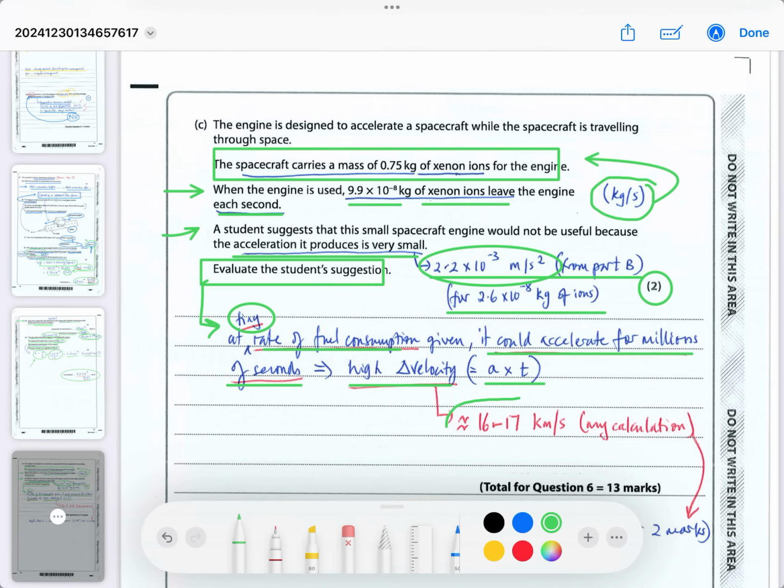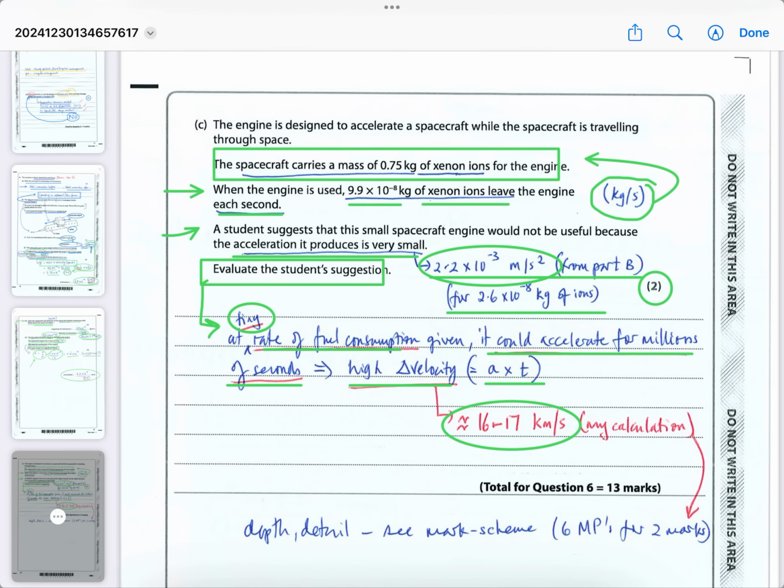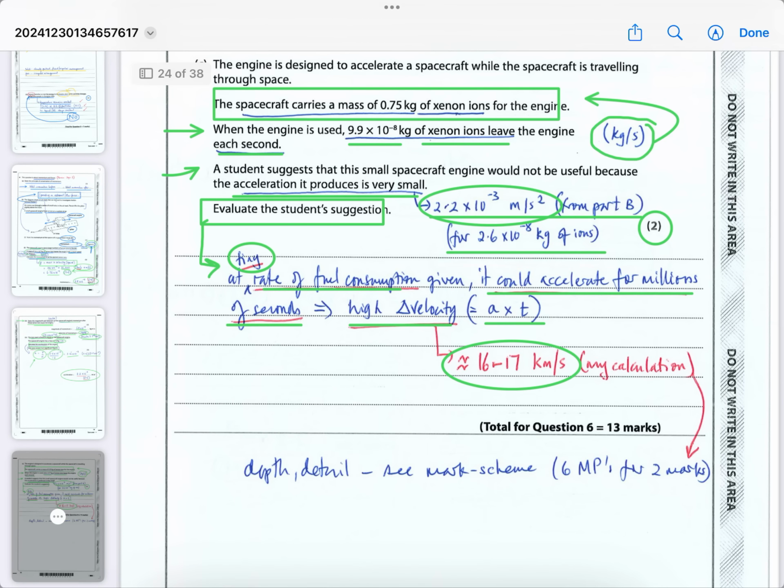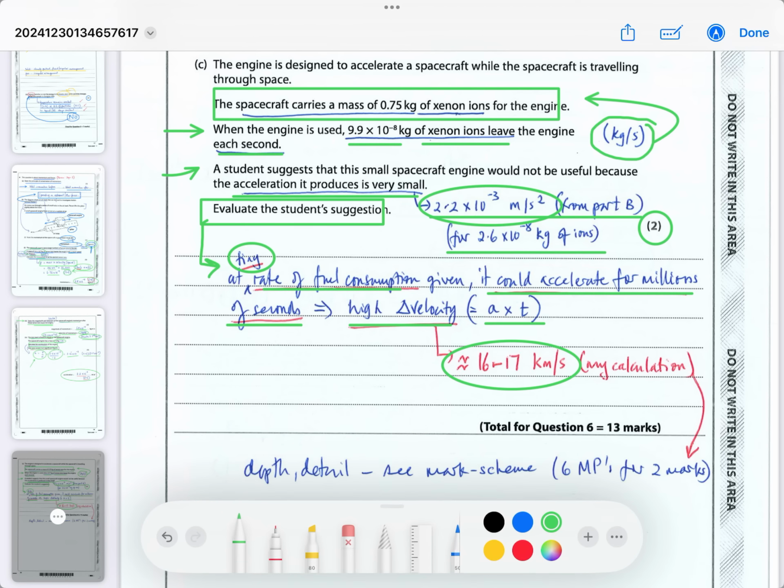So I quickly calculated that you could reach 16 to 17 kilometers per second. For 2 marks, I think I will get the 2 marks with that level of calculation. Now remember, to get these marks in the exam, you need to have depth, detail, and clarity in your working.